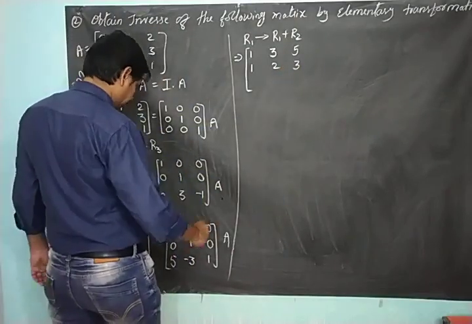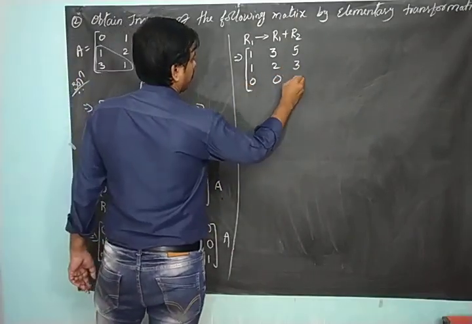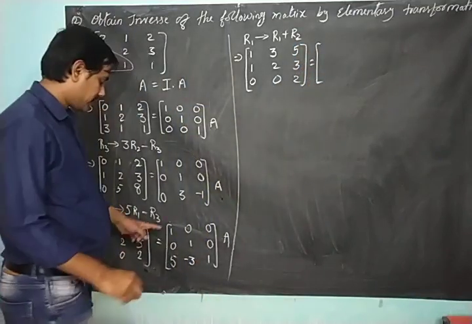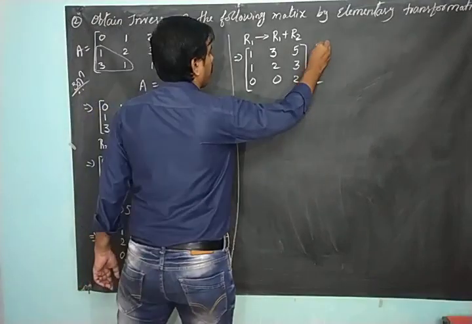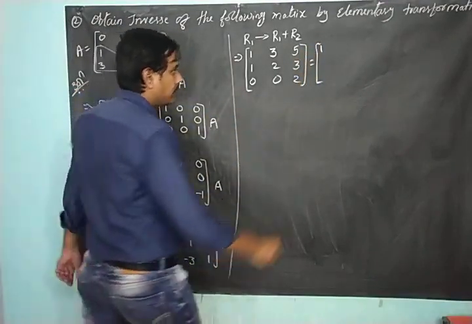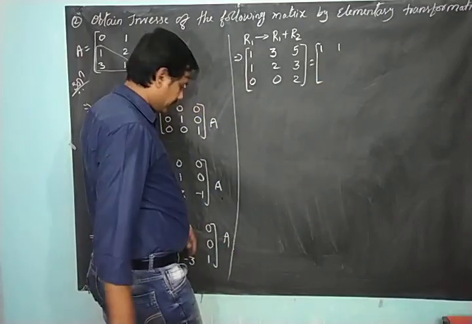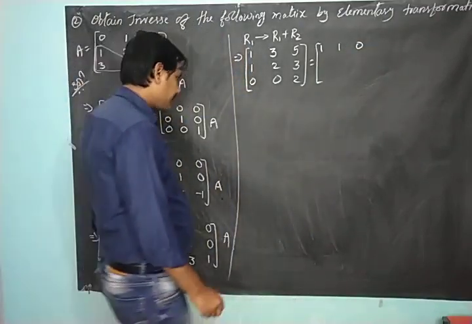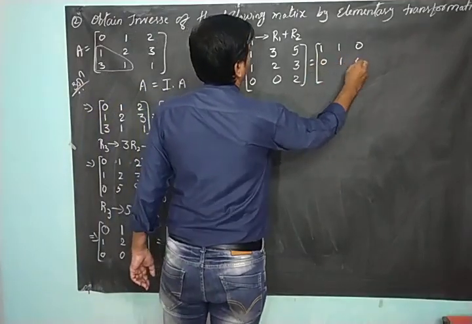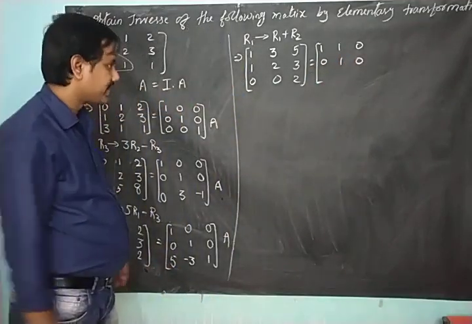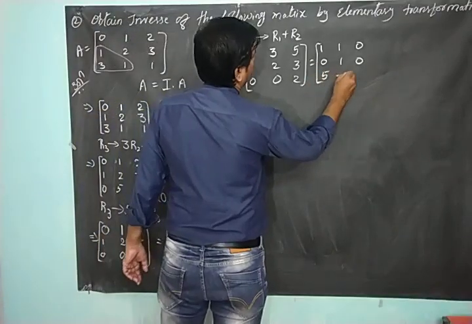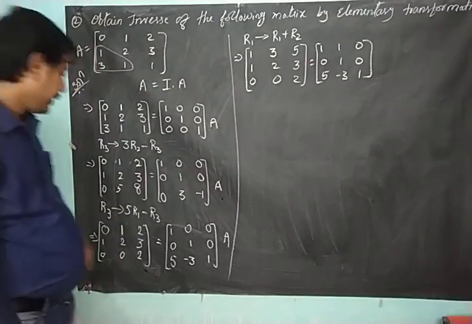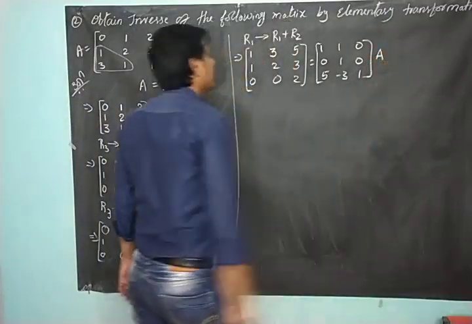Then 0, 0, 2 will be equal to R1 plus R2. 1 plus 0, 1. 0 plus 1, 1. 0 plus 0 will be 0. And remaining as it is 0, 1, 0. 5 minus 3, 1. Okay. Fine. And into A as it is.